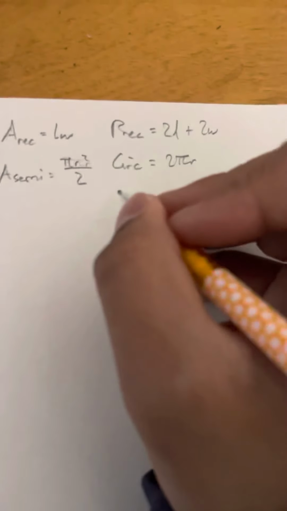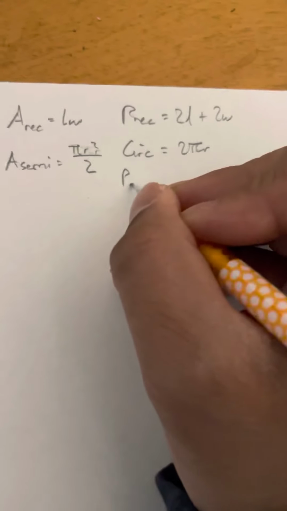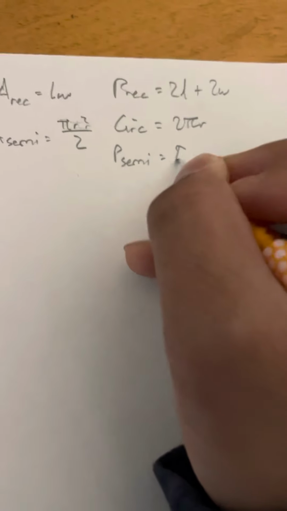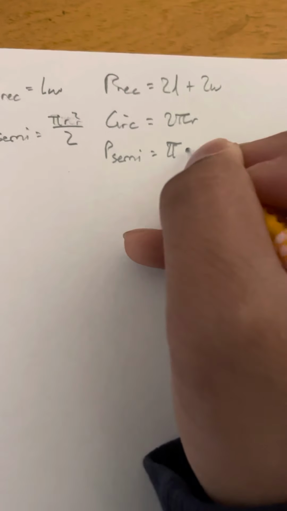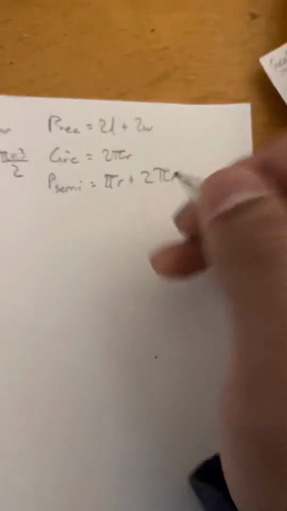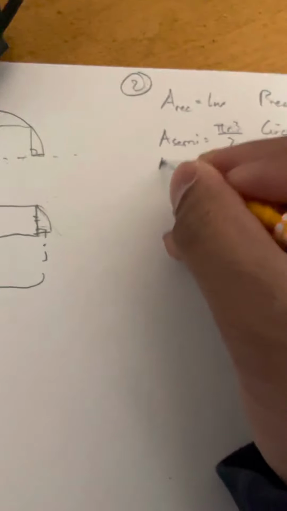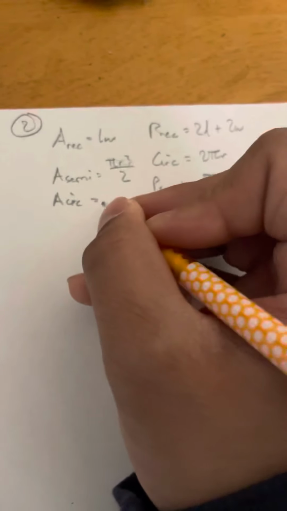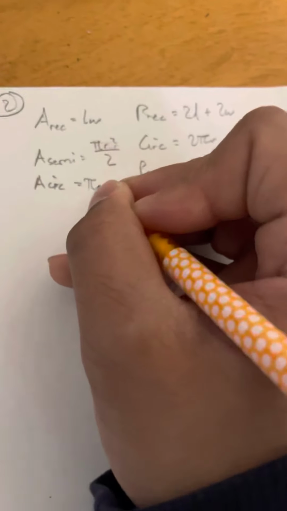The perimeter of a semicircle is essentially circumference, except since it's a semicircle, it's not technically a circumference, even though it technically is, but not really, because there's a straight line underneath. And just in case we need it, we'll have the area of a circle, which would be pi r squared.